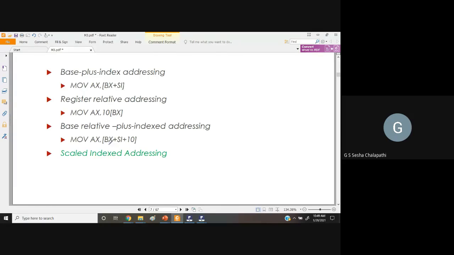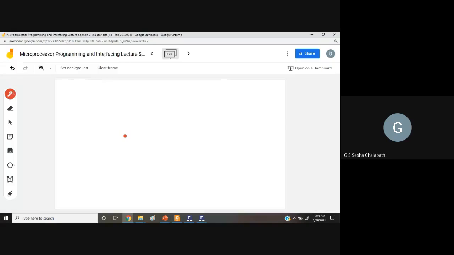This tells that BX plus SI plus 10, together they will form the offset. I'll just end with this. Scaled index we will see next time.